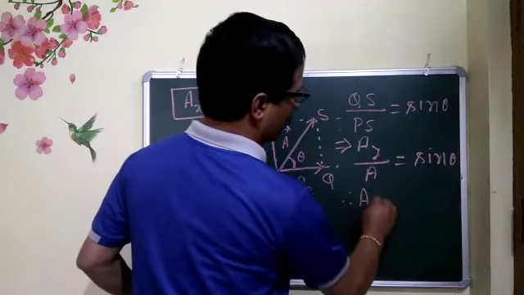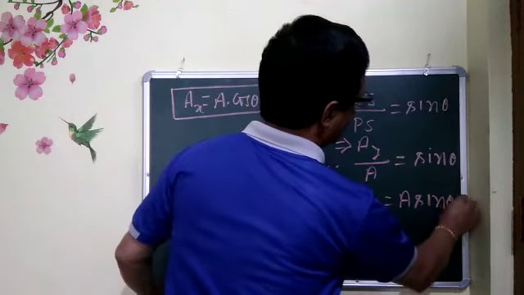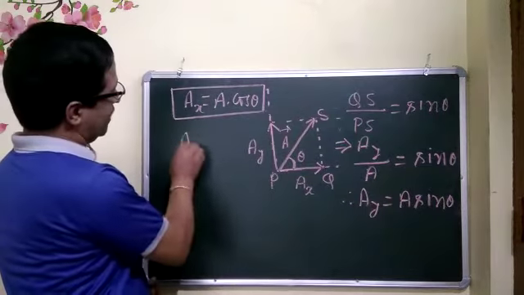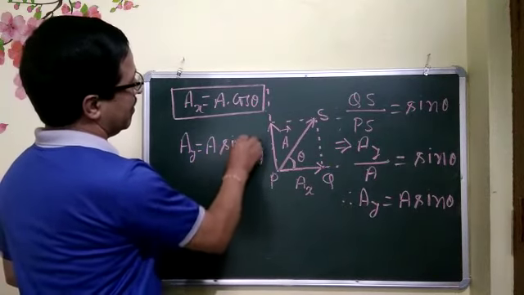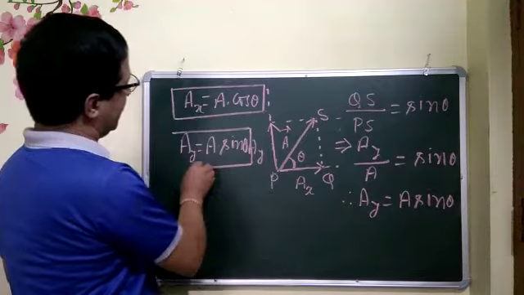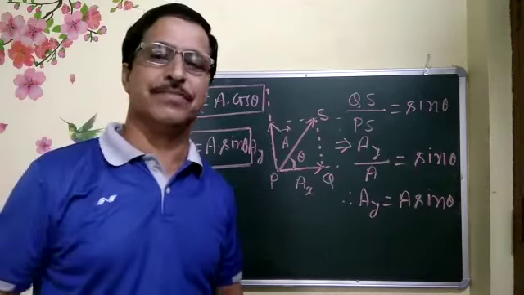Therefore ay equal to A sin theta. So the y component of the vector is ay equal to A sin theta. This way a vector is resolved into two mutually perpendicular components.